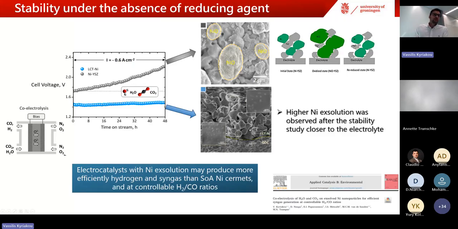So this shows that if you want to really control the ratio of the syngas production, you have to avoid the safe gas, and the use of cermets is not possible anymore. So we have to turn to effective mixed ionic electronic conducting materials like perovskites in that case. And exsolution can also help in that direction by enhancing your catalytic reactions.